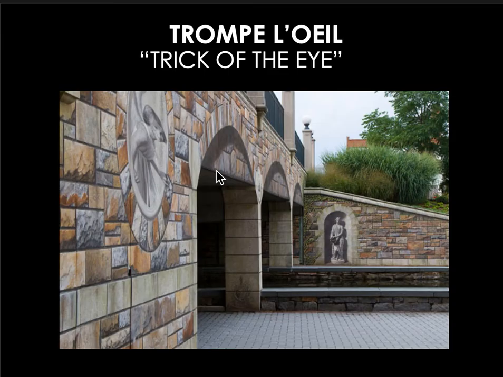So there's this really cool type of art called trompe-l'oeil, and it means trick of the eye. So all of this that you see here, especially back here in the background, this is just a plain old wall. Somebody has painted that on there. There really is not a statue there. If you were to put your hand there, it would be flat, very, very flat. There's no depth in there at all.